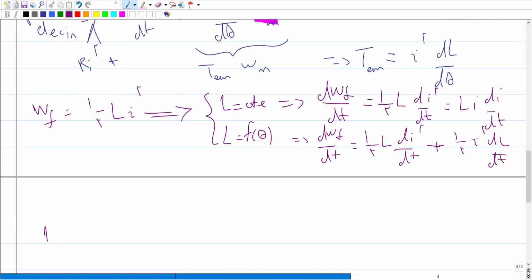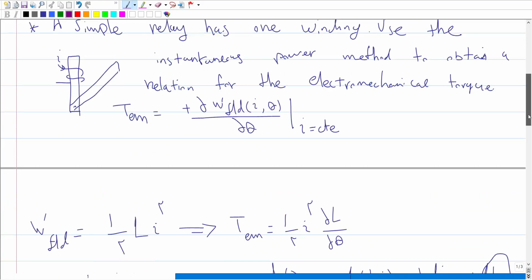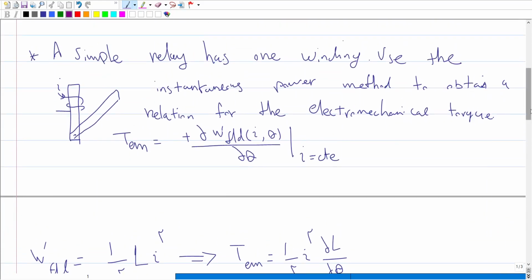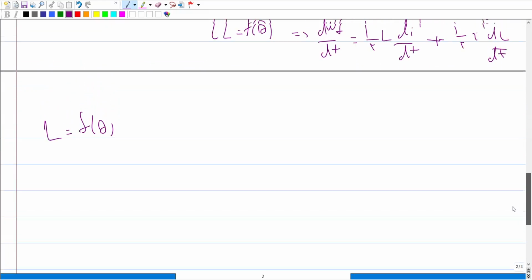And let's manipulate a little bit. If L is a function of theta, which is the case for this simple example I have drawn, L is not constant, so please be careful.